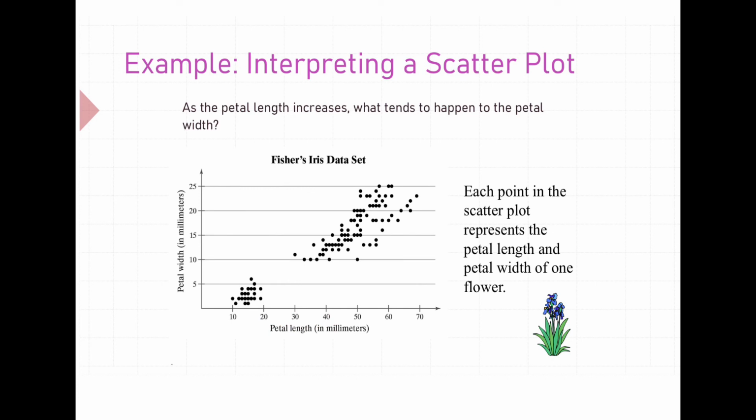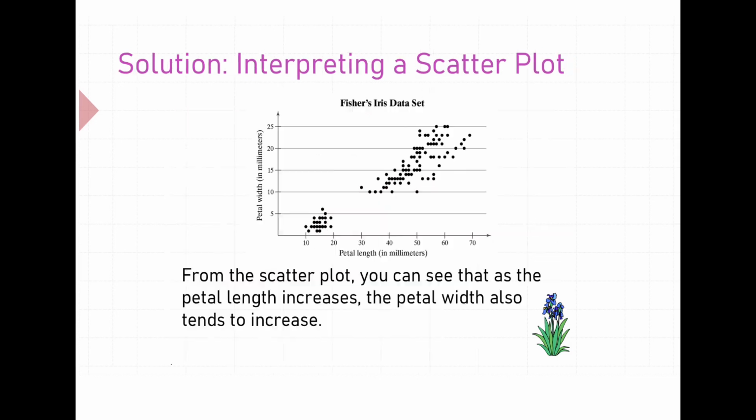And so as the petal lengths are increasing, we're also seeing the petal widths increase as well. The scatter plot we use when we have 2 sets of quantitative data. We're going to revisit that down the line here.